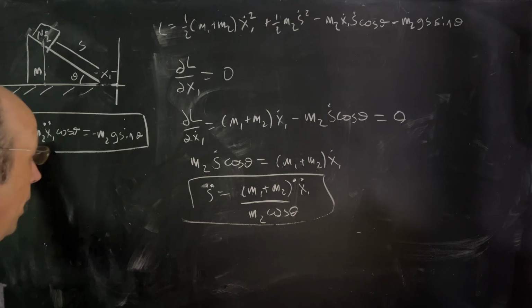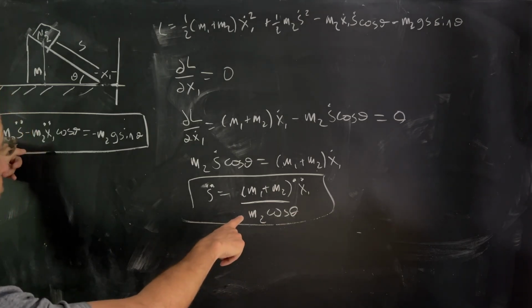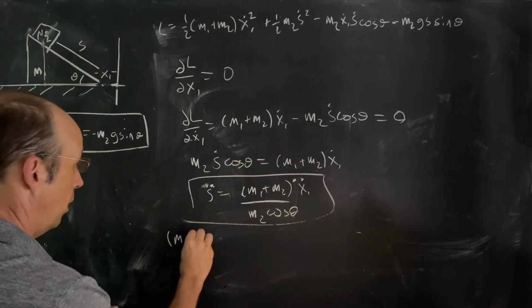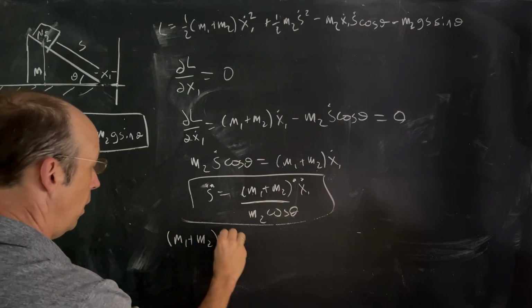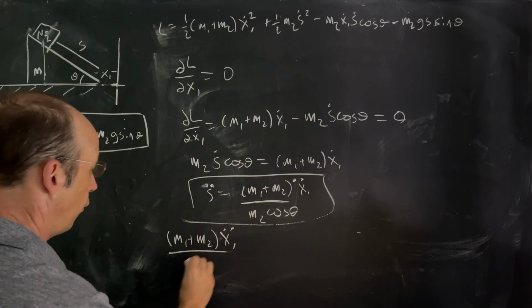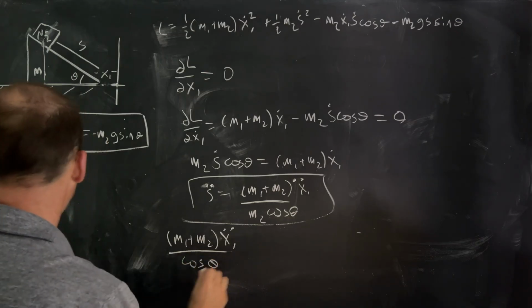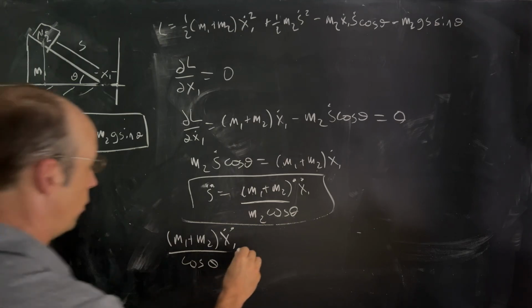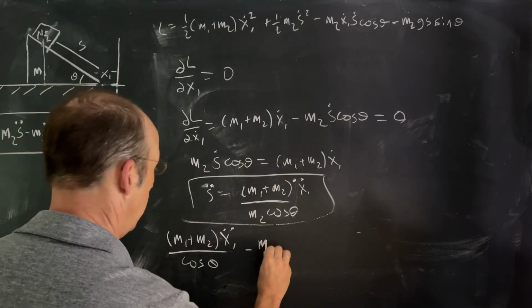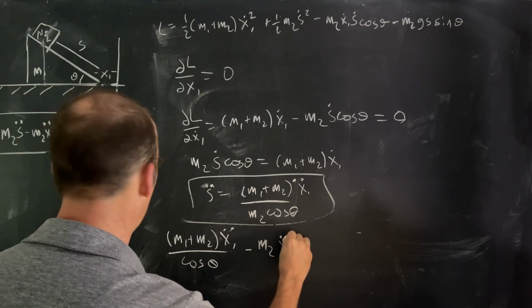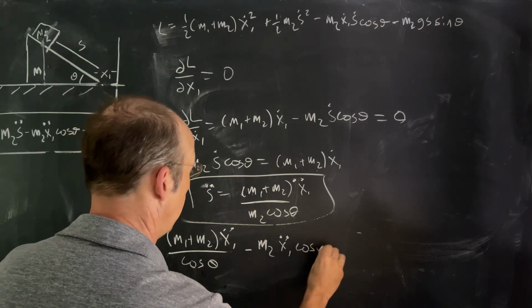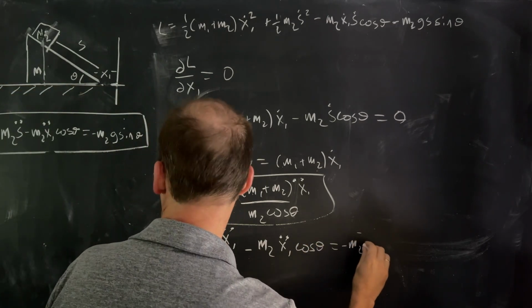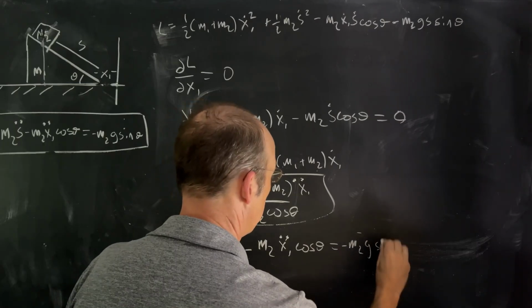If I put that in up here, I get m2 times this, and the m2's cancel. So I get m1 plus m2 x1 double dot over cosine theta. Then I have this term minus m2 x1 double dot cosine theta, and then I have this minus m2 g sine theta.